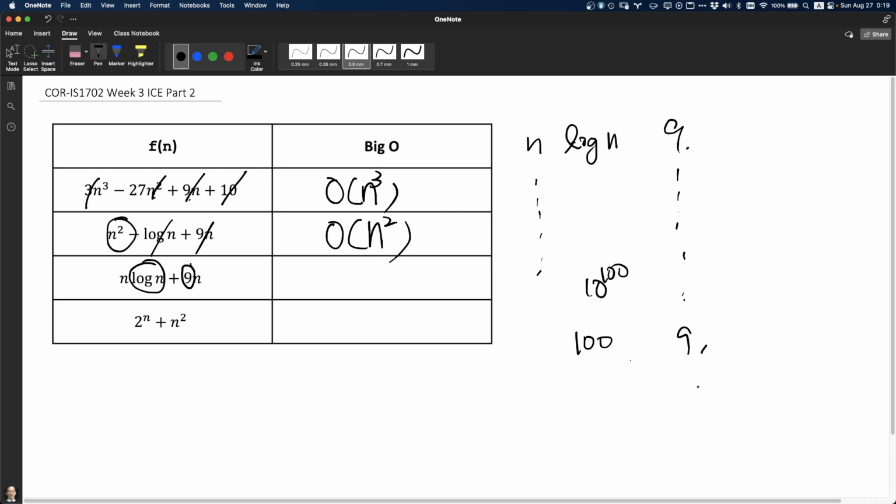While 9 is still 9. So that's why, remember, big O notation is really about going to the limit, right? In the limit, 9n will be dominated. So as a result, you will have n log n as your big O notation.